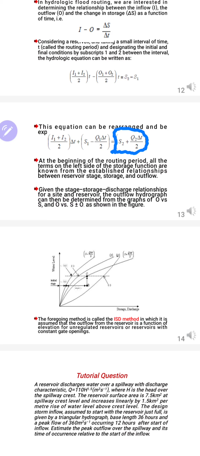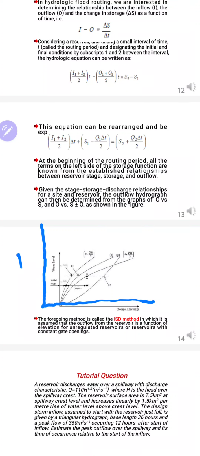So basically, on your graph, you are going to have elevation on your y-axis, and then you are going to have your indicative storage on your primary x-axis.